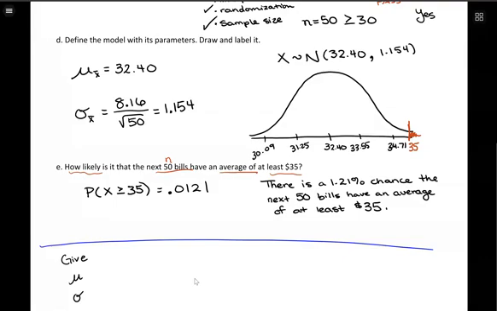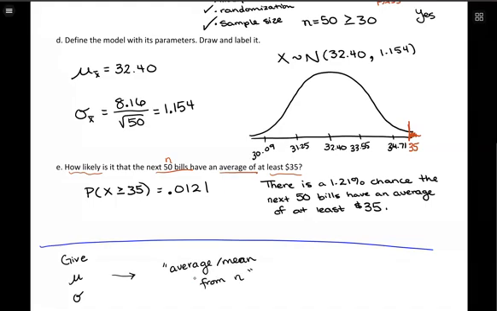And then in terms of the types of questions that they can ask about probability, they could ask for cutoff values like our percentile question. But the idea is in the wording somewhere, they should talk about average or mean from a certain sample size.